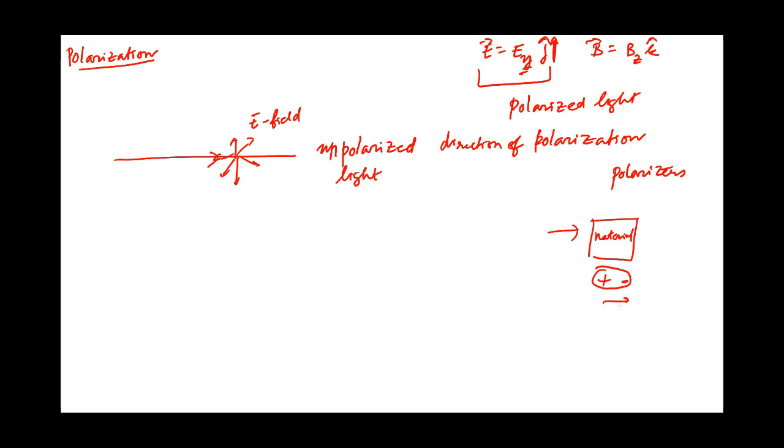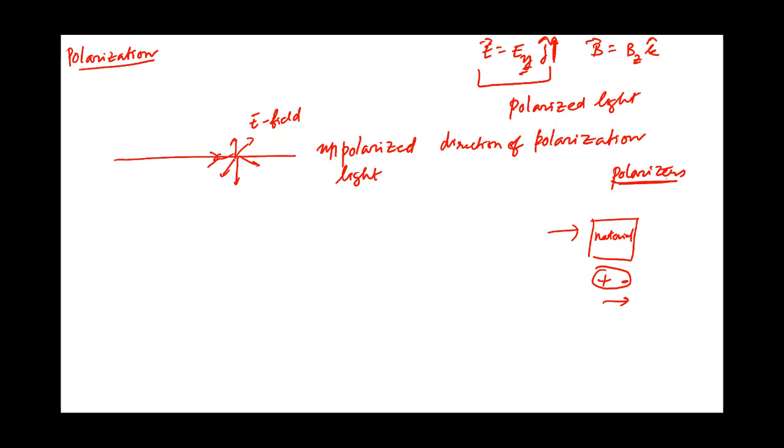It creates an oscillating dipole, where the electron oscillates and the nucleus doesn't because it's heavy. We have discussed this while studying the origin of refractive index. Because of this, there are certain materials whose structure lets only the electric field along one specific direction go through. Such materials are what we call polarizers.